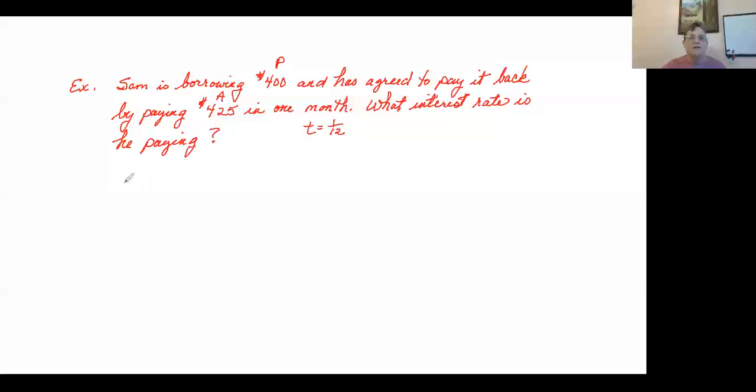If we assume that this is simple interest, then we would say A equals P times 1 plus RT. So 425 equals 400 times 1 plus R times 1/12 of a year.